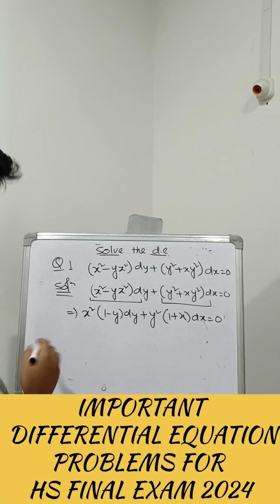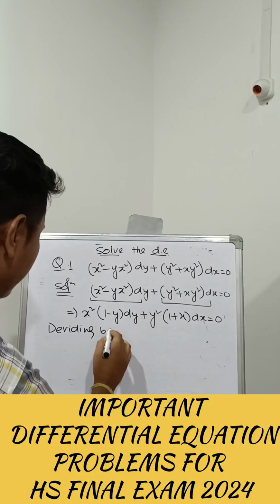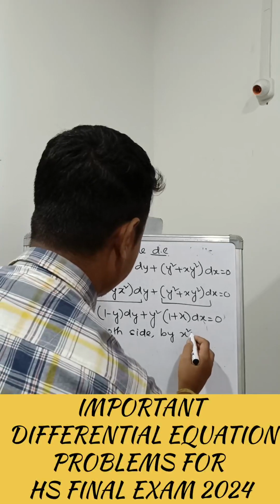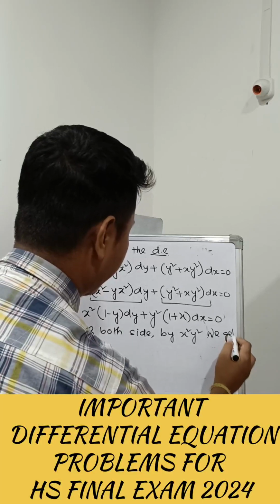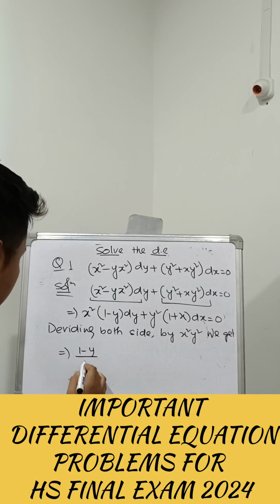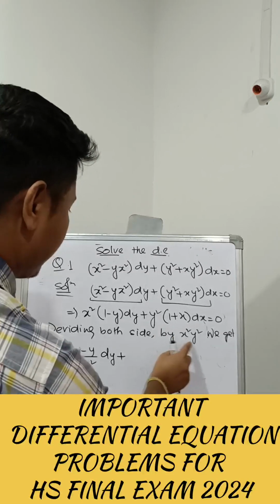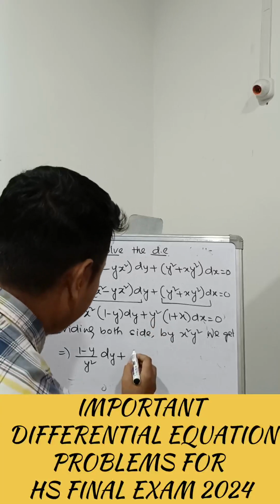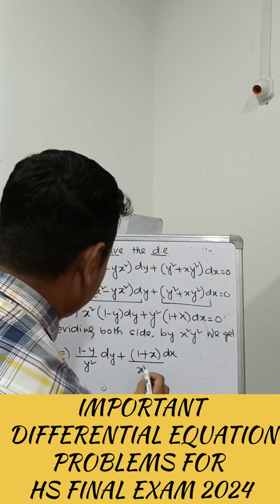Okay, so now dividing both sides of this equation by x square into y square, what do we have? We have (1 minus y) divided by y square into dy, and on dividing the second part by x square and y square, y square will be cancelled out, and we have (1 plus x) into dx divided by x square.